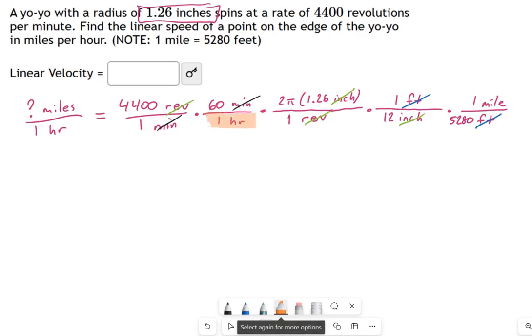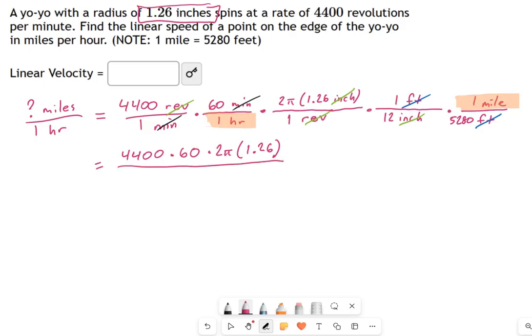I've got hours on bottom and miles on top. In other words, this is going to be a miles per hour problem once I finish calculating all the numbers. So let's collect all the numbers. This is going to be 4,400 times 60 times 2 pi times 1.26, and that's it for the top. And then on the bottom, I have a whole bunch of ones. Okay, we got 12 times 5,280.